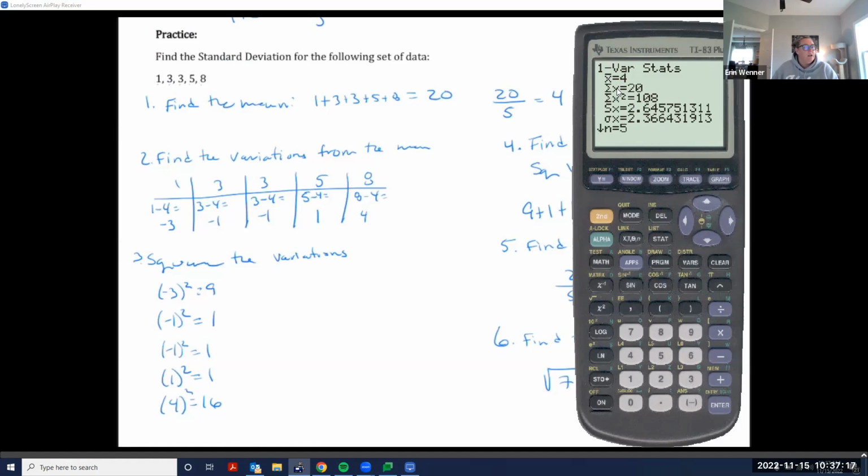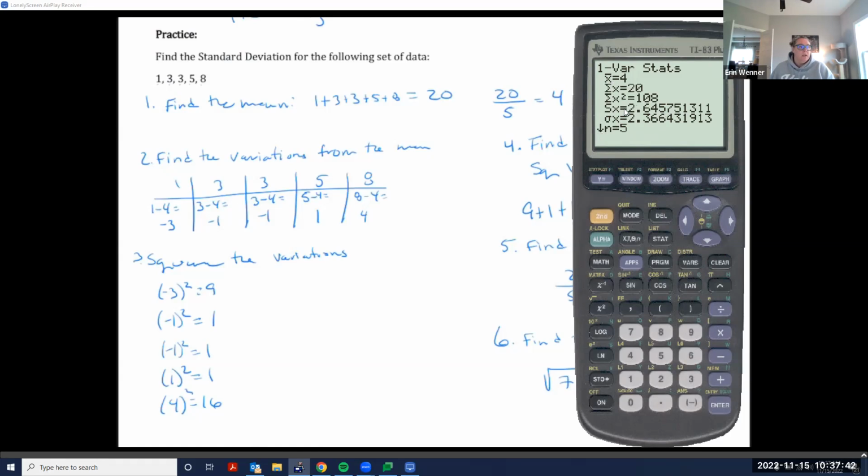It gave us a sum of data points of 20. We had 5 for our number, but then this Sx right here, I can't really highlight it. But if you look 1, 2, 3, 4th down on the list, Sx is 2.6457, and that is our standard deviation.